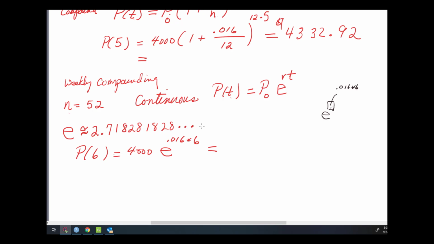Now let me use my calculator and get the answer to P of 6. So you turn the calculator on and say 4,000 times, find your e key, e to the 0.016 times 6, and say equals, and it's equal to 4,403.03.